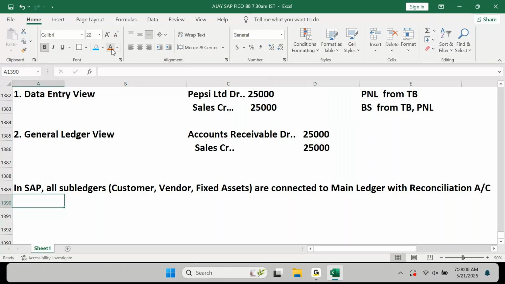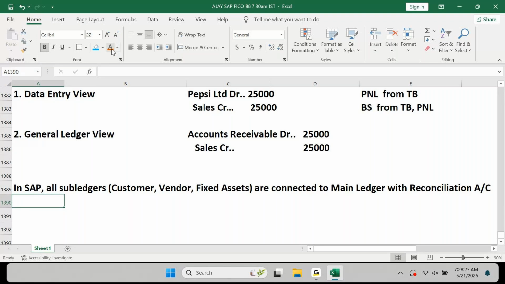With only one record, how can you compare? You need two records for comparison. Now here I need to verify my accounts receivable with my customer, my accounts payable with my vendor, fixed assets with my assets. Is that right or wrong?